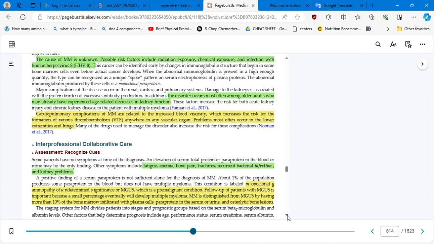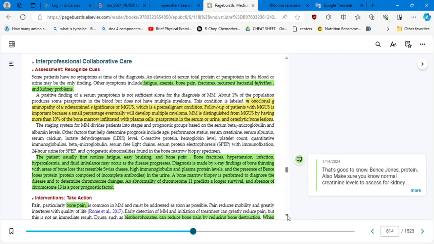So these plasma cells are the ones that are going to cause the viscosity, and you have to monitor not only for the kidneys. Just realize the symptoms that I am mentioning: bone pain, bone destruction, problems with the kidney, cardiovascular complications, venous thromboembolisms. It's a disease that is not easy to treat. Okay, so the patients have to be very strict and very organized with the follow-up of care.